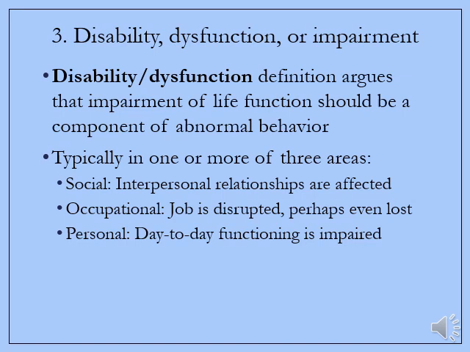And then personal impairment, which is difficulty doing the day-to-day things that keep a person's life working. For example, somebody with depression may find it difficult to shower frequently or to do their laundry, so they're not wearing clean clothes.